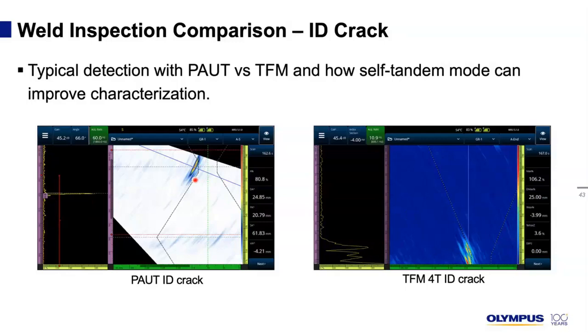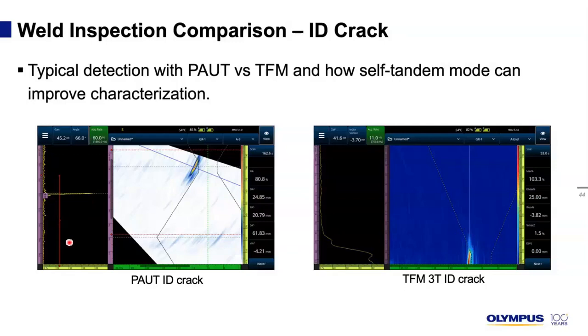The advantage of a self-tandem mode or self-tandem waveset, as I was describing earlier, comes into flaw characterization, where the flaw is actually truer or more accurate compared to what it actually looks like in the part.